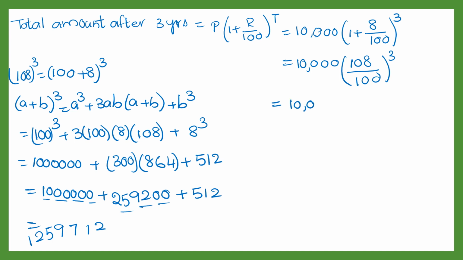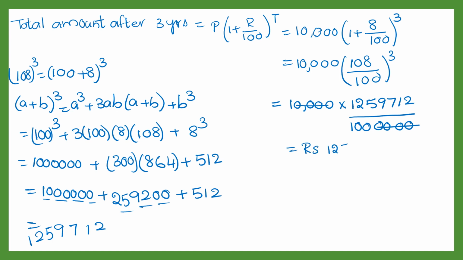So 10,000 into 108 cube gives 12597112 by 100 cube. 100 cube means 1000000. So 4 zeros and 4 zeros get cancelled. We get 1259712 by 100, that means rupees 12,597.12.